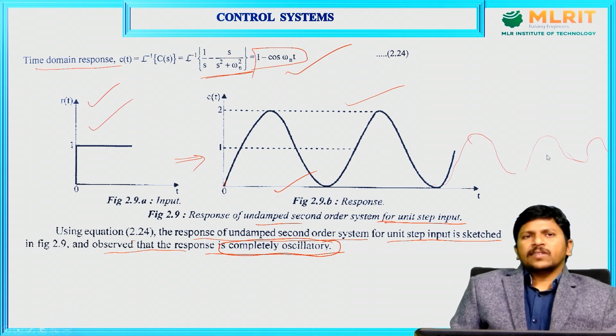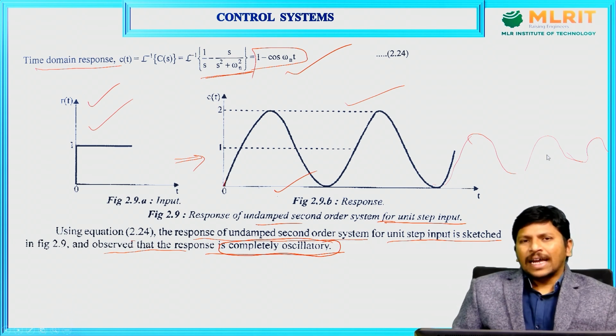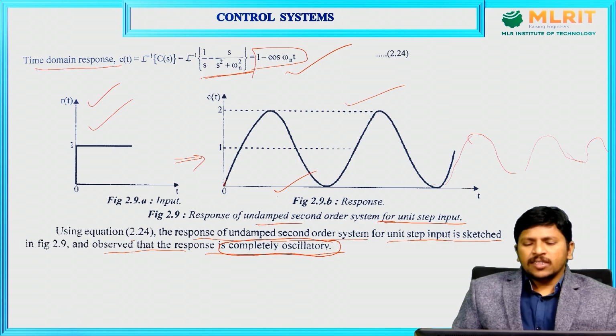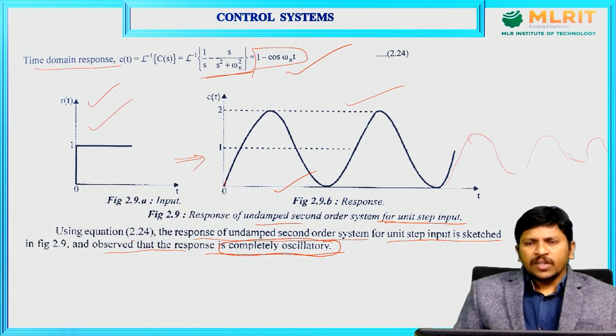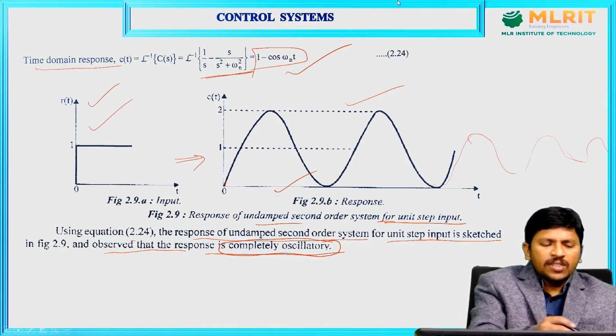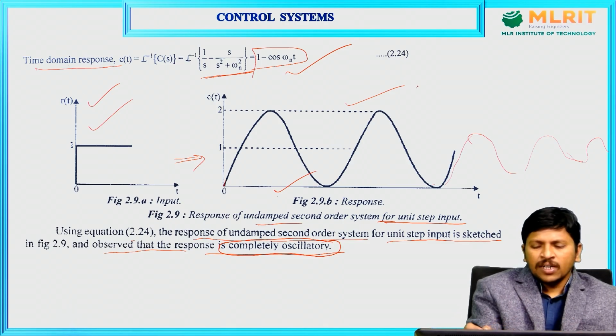So this is the completely oscillatory response of the undamped system when we apply a unit step input signal. This is the graph, the response of the undamped second order system.